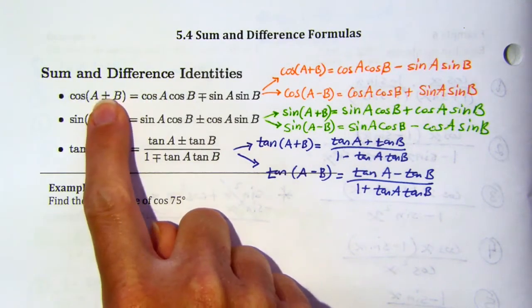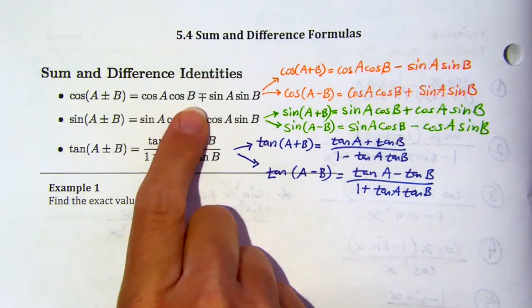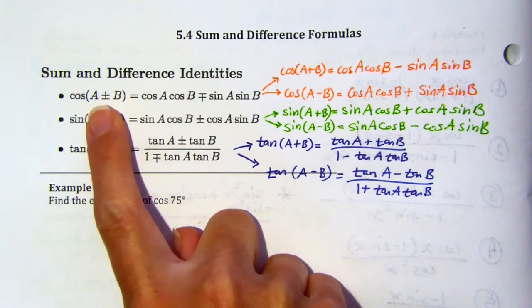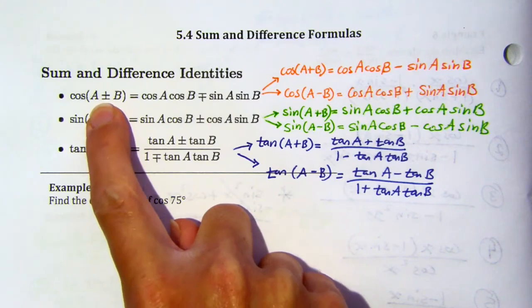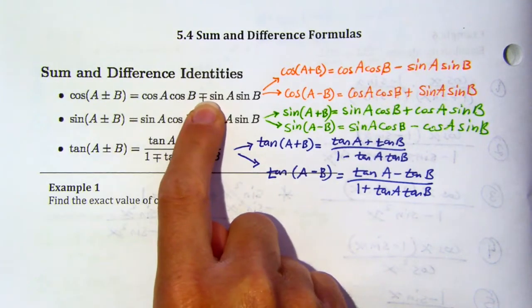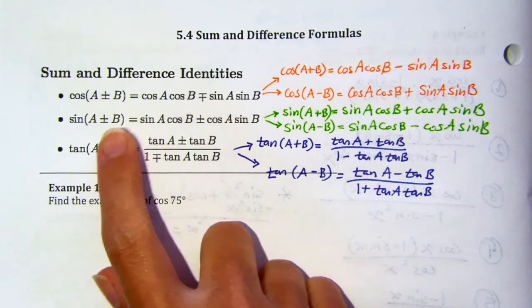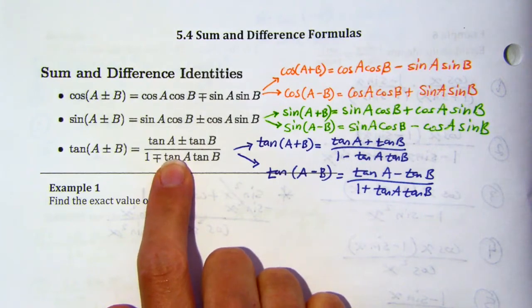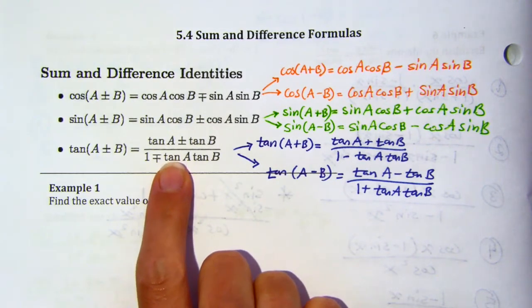So when we're adding within the cosine, the equation has a minus sign. When we're subtracting within the cosine, the expanded equation has a plus sign. The same thing happens with sine and tangent. I've written them out here so you can see them fully written.